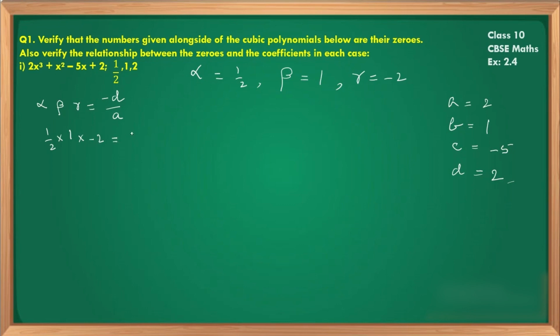That is equal to minus d. Here d is 2 and a is again 2. Now when we simplify this, 2 and 2 go, you have minus 1 on the top is equal to, even here also 2 gets cancelled, minus 1. So minus 1 is equal to minus 1. So we have found out and verified that even the product of zeros is also verified.